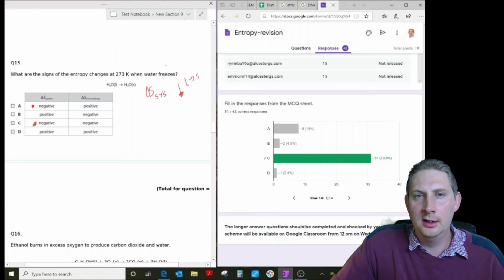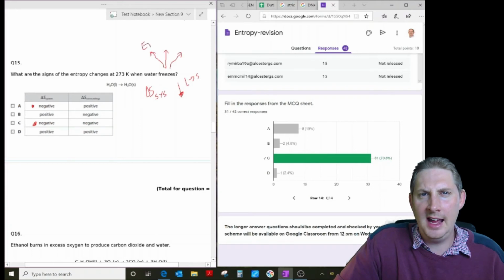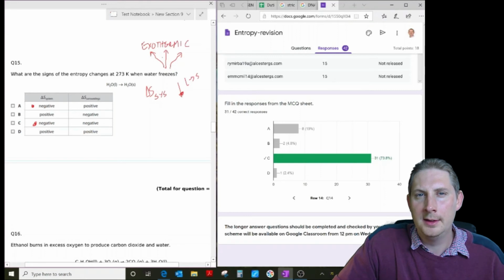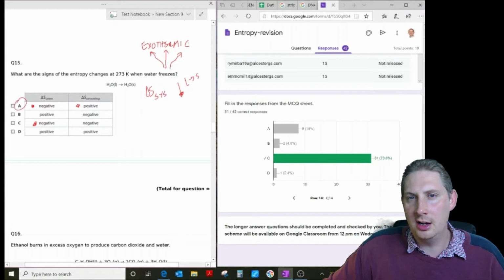Water freezing must release energy. Freezing is an exothermic process. And if it's exothermic, that means the surroundings have a positive enthalpy change. So the answer is A.